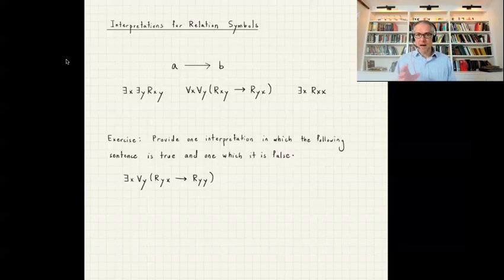I'm going to stick at a slightly more intuitive level. I'm not going to produce a set theoretic account of what the interpretation is, but just tell you how you can produce a set theoretic picture of what an interpretation is. So here's how you can do it: you can just write down nodes for the different elements of your domain. This of course will only work if you have a domain that's finite.